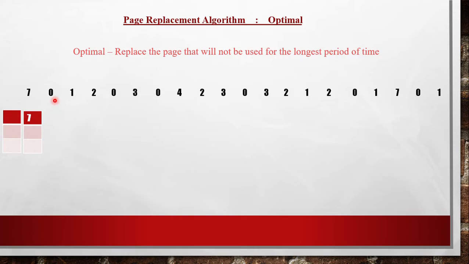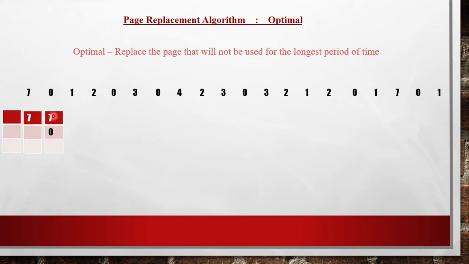The second page reference is for page number 0, which is not present in any frame. So there is a second page fault for page 0, and as frame 1 is already occupied by page 7, frame 2 will be occupied by 0. Don't get confused that we are drawing the same frame again and again. These are the 3 free frames. After we brought 7 to main memory, the first frame is occupied by page 7. After we brought page 0, the second frame is occupied.